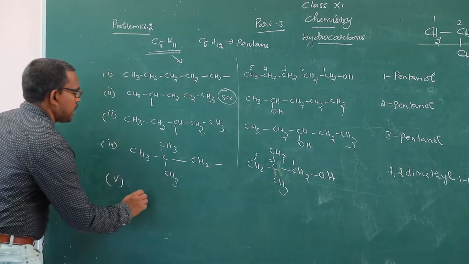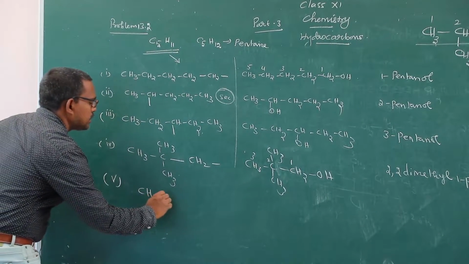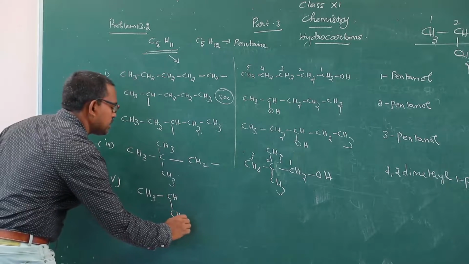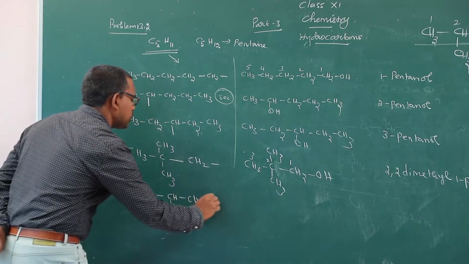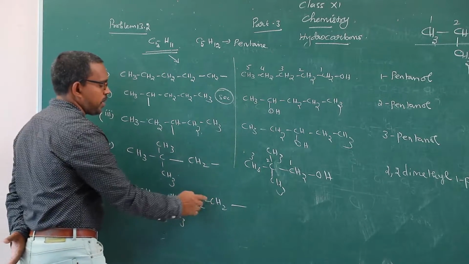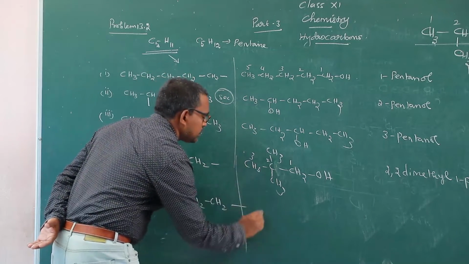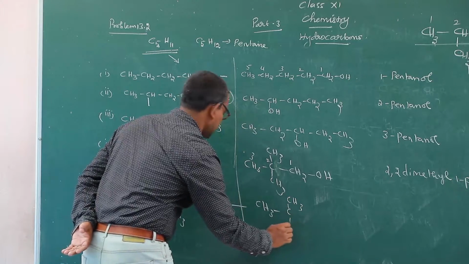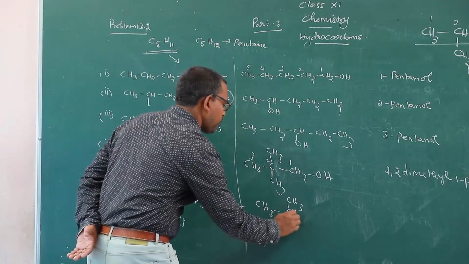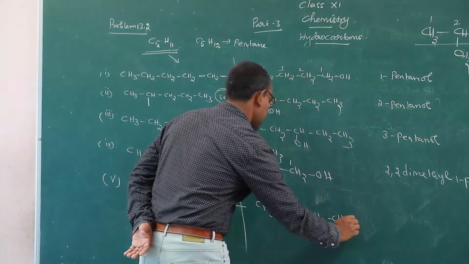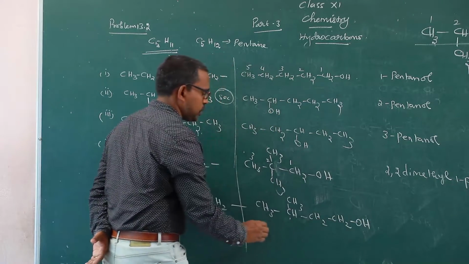The next member is written like this: CH3, CH3, CH2, CH2, totally 5 carbon atoms, with the alcohol CH3, CH2, CH, CH3, CH2OH.